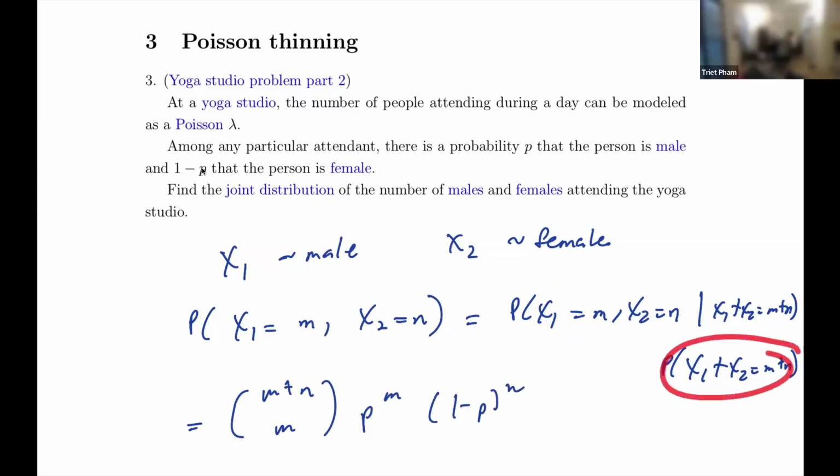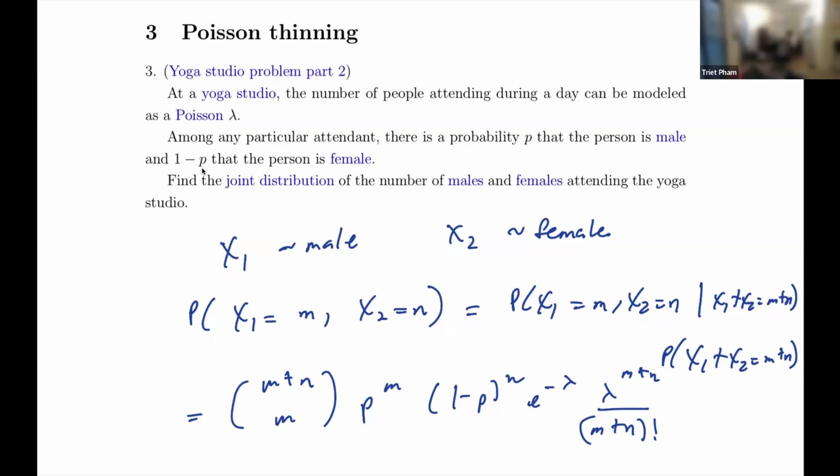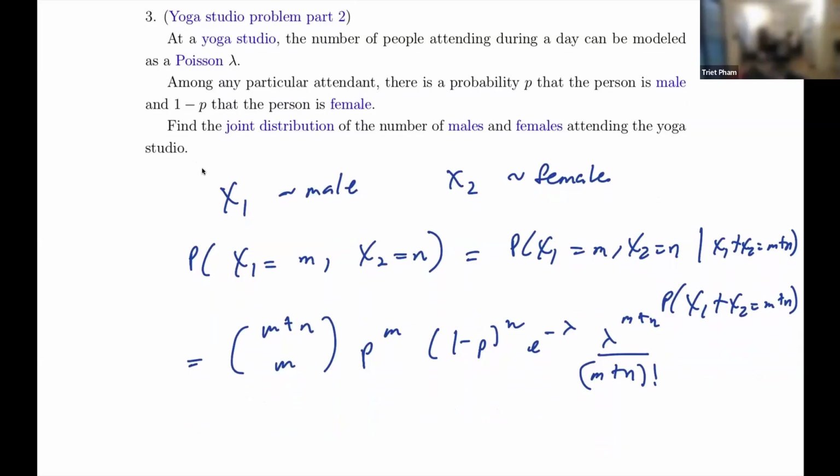And this part then is going to be a Poisson. So e to minus lambda, lambda to the m plus n over m plus n factorial. Okay. And again, there are things to recombine here. The first thing, of course, is m plus n choose m.